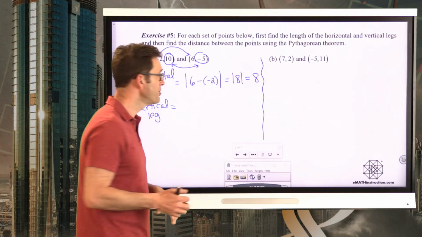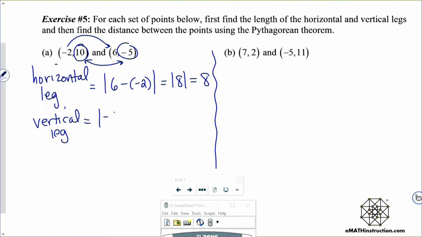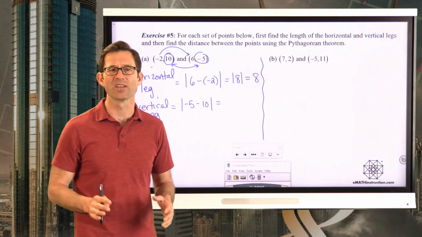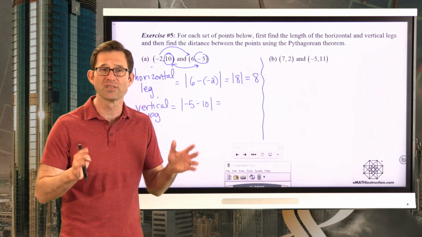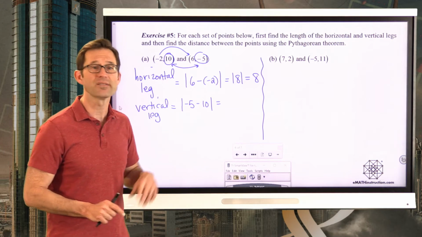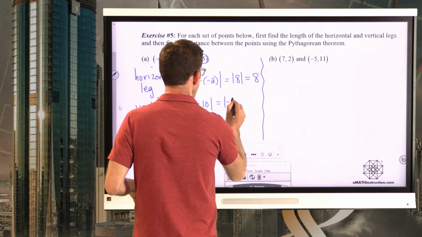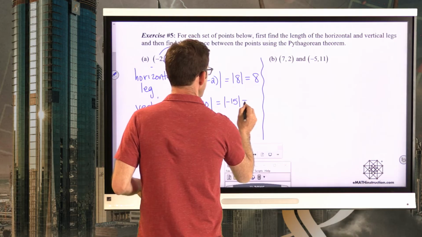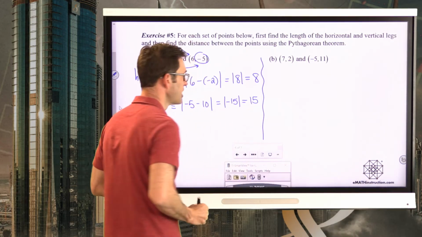But if not, you just simply need to subtract the two and then make sure your answer is positive, because we're talking about distances here. We're not talking about anything else, distances. -5 minus 10 is -15, and the absolute value of -15 is positive 15.